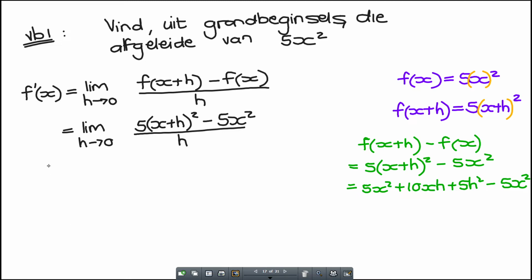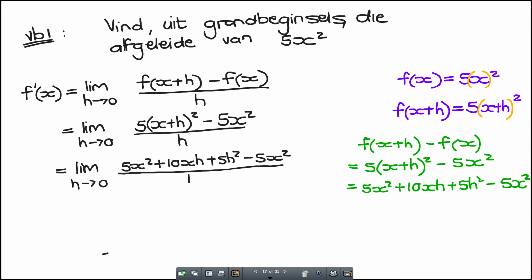Right, so, in your formula, and remember, you specifically asked this morning, I've got to keep on writing the limit where h strives towards that. So dan gaan jy hê 5x kwadraat plus 10x over h. Alright, now, we simplified as far as we can go.